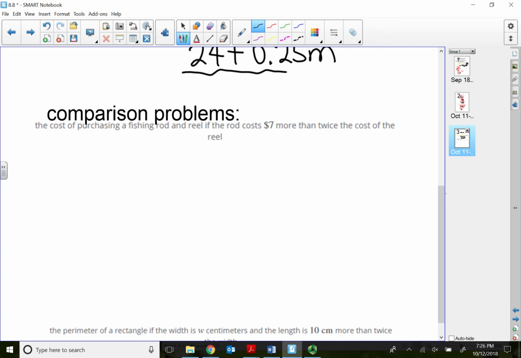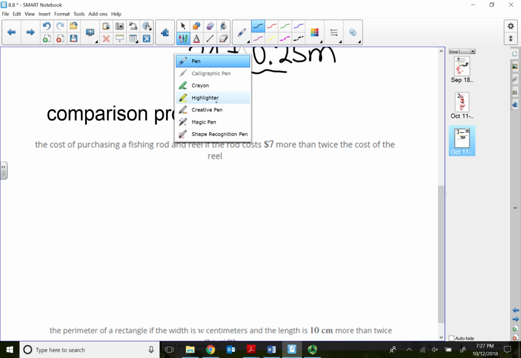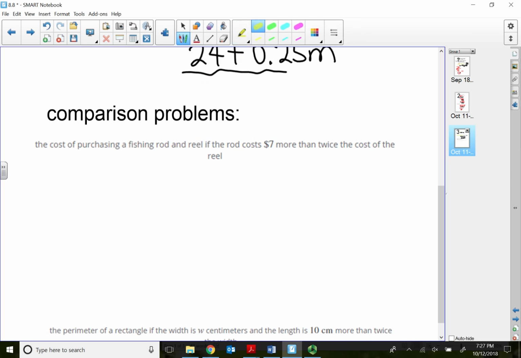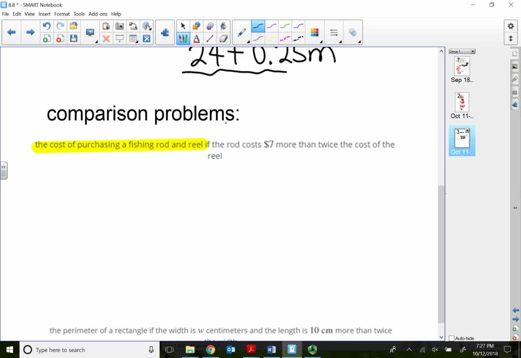So this problem, whatever my answer is going to turn out to be, needs to represent the cost of purchasing a fishing rod and the reel. All right. So let's translate, comparing one item to another item. It says if the rod costs $7 more than twice the reel.